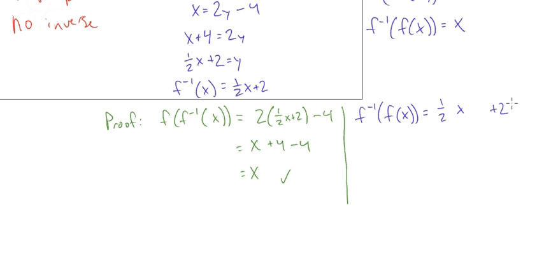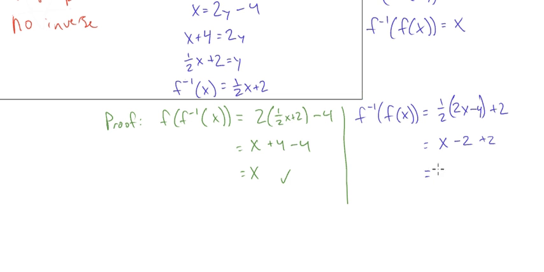But again, x isn't what we're plugging in. We're plugging in the f function. So that was 2x minus 4. And so 1 half times 2x is going to be x. 1 half times negative 4 is negative 2. And then afterwards, plus 2.